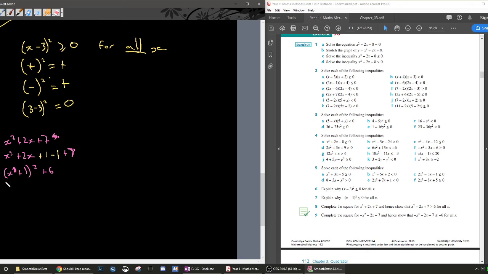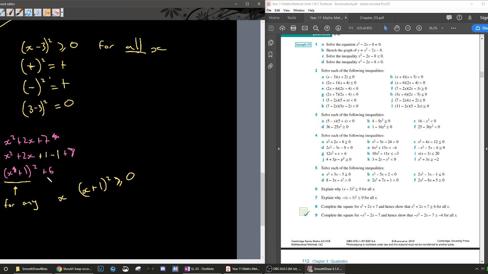Whatever I put in here, any value of x, it doesn't matter if it's negative or positive, because it's squared, it's going to turn into positive. So for any x, x plus 1 all squared is greater than or equal to 0.